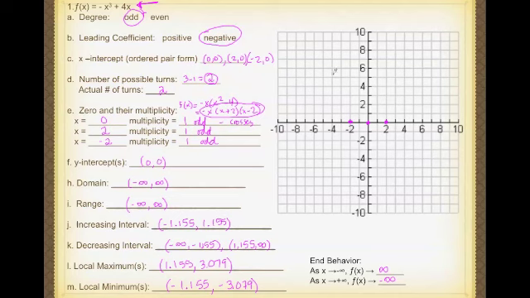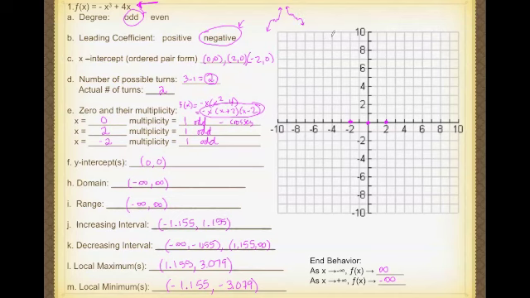I also know that since it's odd, normally an odd starts down and then does whatever it does and ends up. But since my lead coefficient is negative, I know it's going to be the opposite. So this time it's going to start up, do whatever it does, and end down.